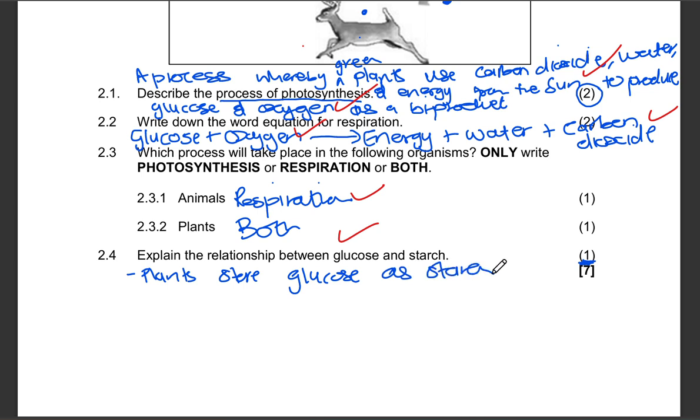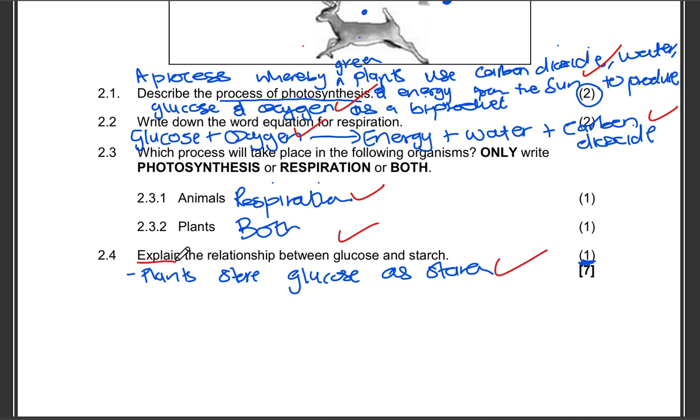We can also talk about starch being a more complex form of glucose, or many glucose molecules forming a starch molecule. So that can also be marked correctly. So how I would mark this one is just one mark at the end, explaining the relationship between glucose and starch for one mark, I guess that is fine.